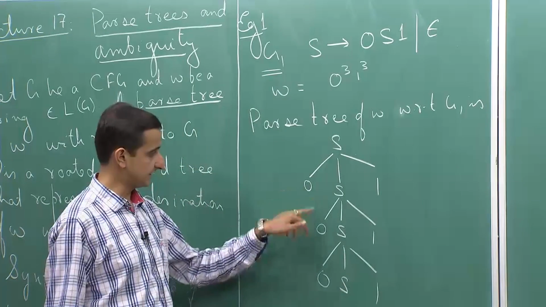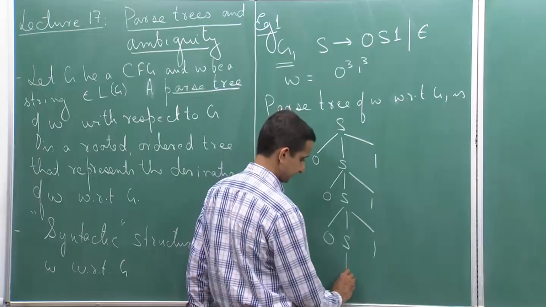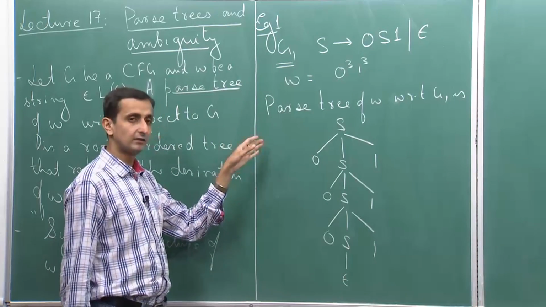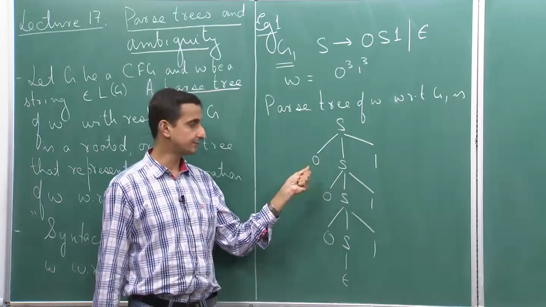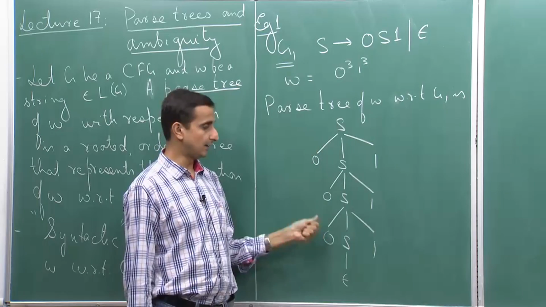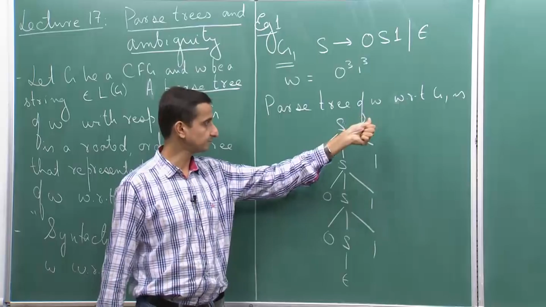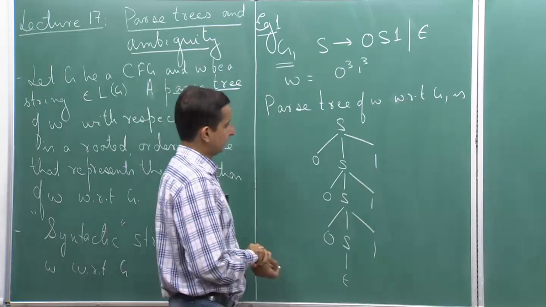Now we have a string consisting of 3 zeros and 3 ones. So this last S gets replaced with epsilon. If I concatenate the leaves of a parse tree from left to right, it gives me this string W. So this is the parse tree for our string W.